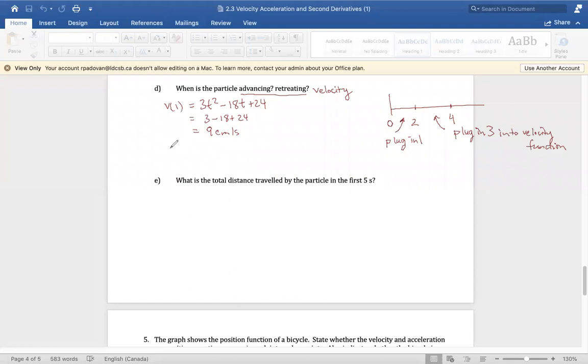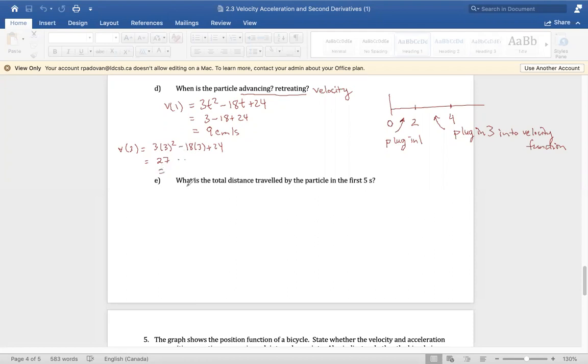Then, before we analyze this, let's plug in 3. So 3 times 3 squared minus 18 times 3 plus 24. 9, 18, 27, so 27 minus 54 plus 24.